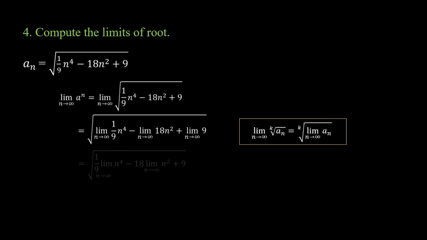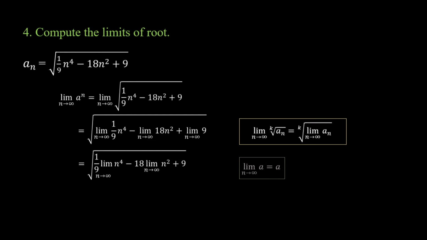So as you see, it's the same steps as always, and at the end you will get the square root of 1/9 times infinity minus 18 times infinity plus 9. You know that if it's infinity, it's always infinity.